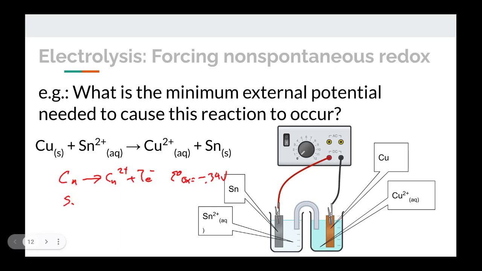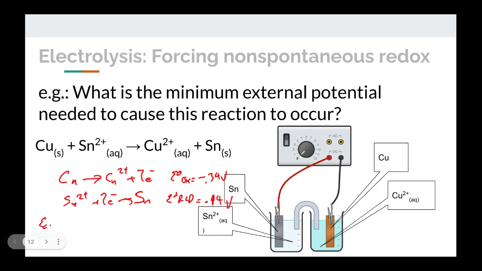And then for tin 2+ to collect 2 electrons and become tin, the reduction potential, we could look it up and we would find it's positive 0.14 volts.